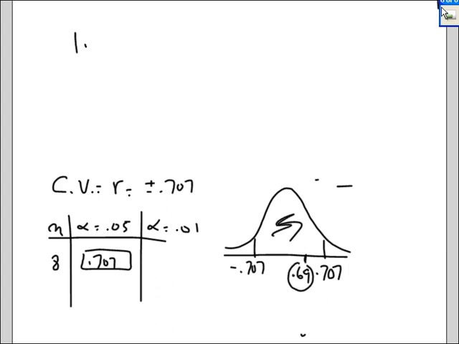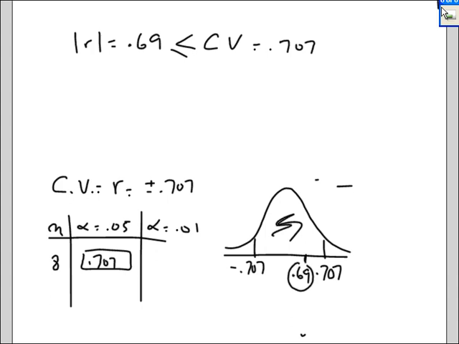The absolute value of our R is 0.69. And this happens to be less than the critical value. In fact, it's less than or equal to the critical value, which is 0.707.